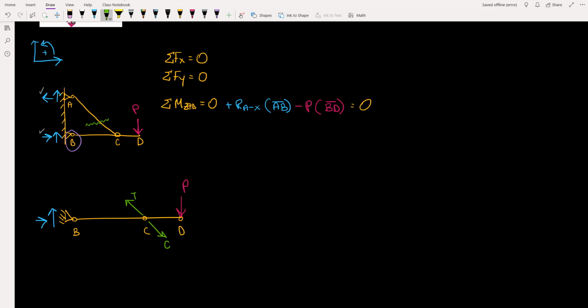Now how do we determine which one it is? Well, we already know that the reaction at A is to the left. And so if we break apart these two possibilities into their orthogonal components, we can clearly see that one of them is to the left and one is to the right. And so the correct orientation of this force is going to be the tension force.